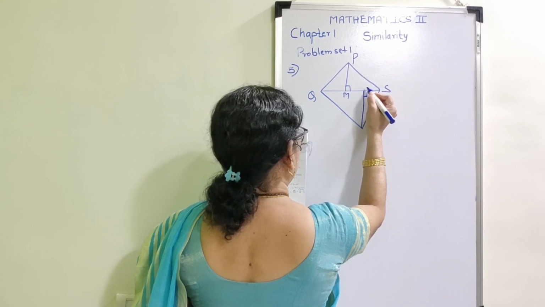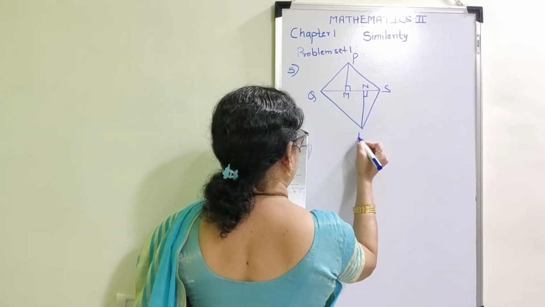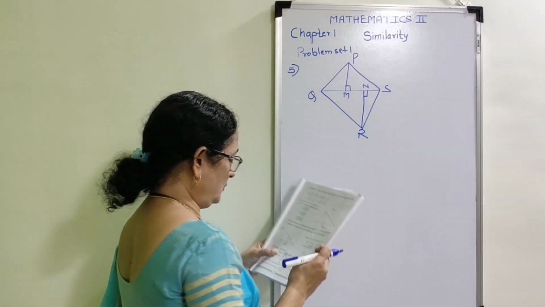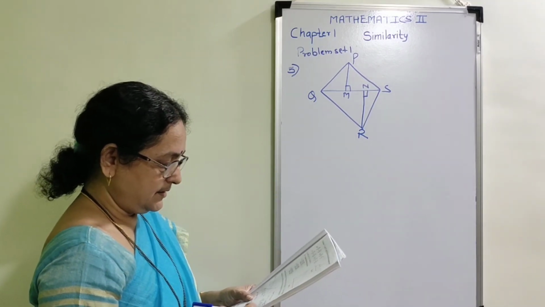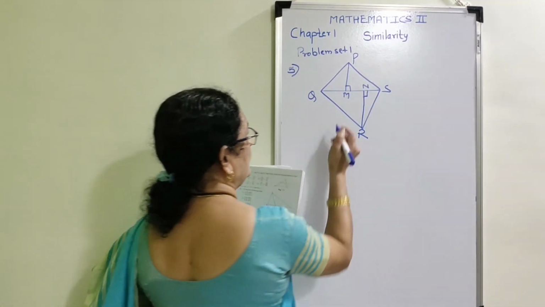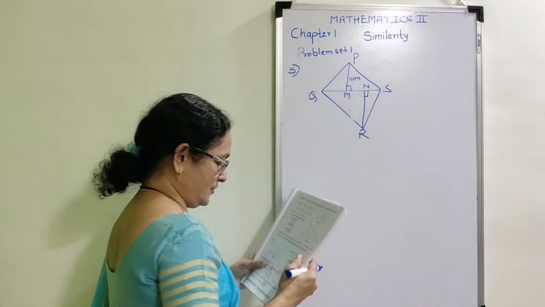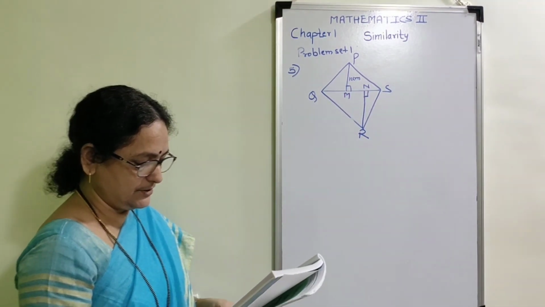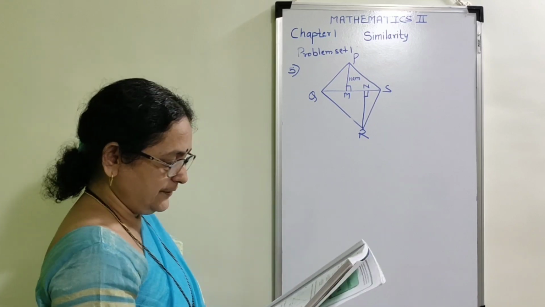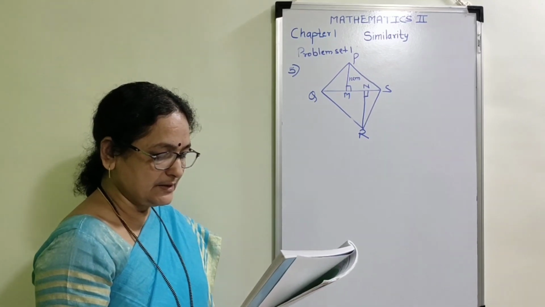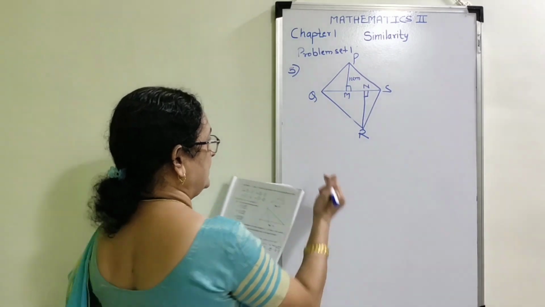Height of this triangle is RN. Now, read the given example. Length of PM is equal to 10 centimeter. Height of first triangle is 10 centimeter. Also, they have given two different things. That is, the areas of both the triangles are given.